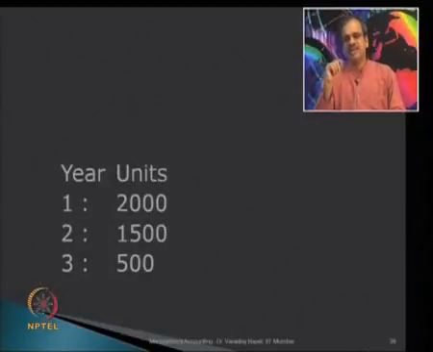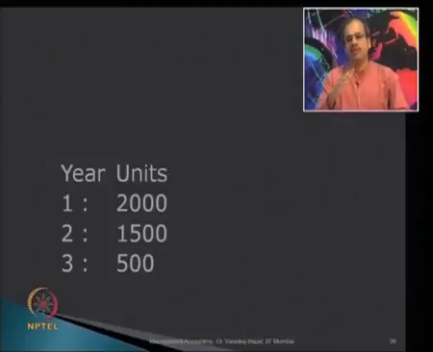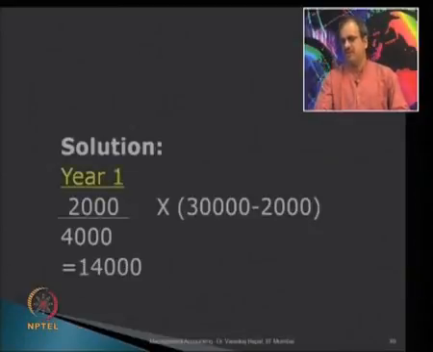Now, we will look at the pattern of production. It is estimated that the highest use, that is 2,000 units, will be produced in year 1, the use will reduce, it will become 1,500 in year 2 and only 500 in year 3. Thus, the depreciation now also will be calculated proportionately. So, it is 14,000 in year 1.